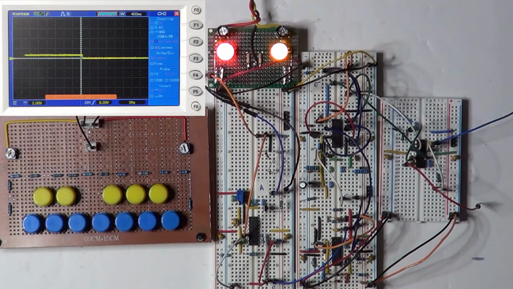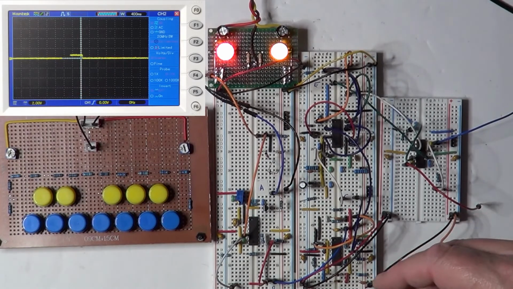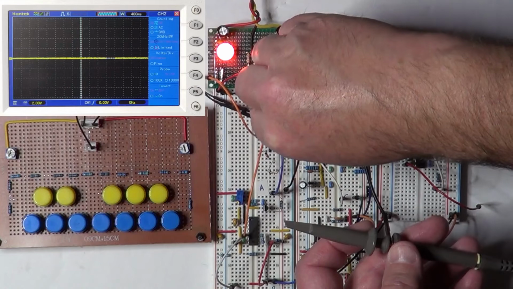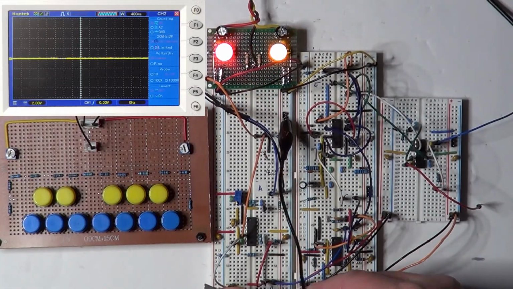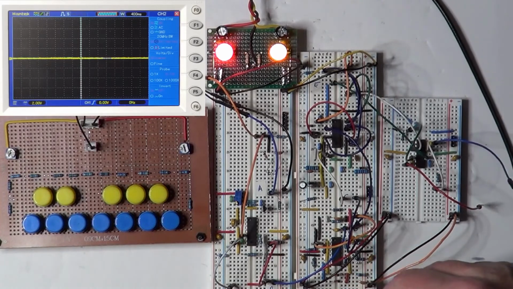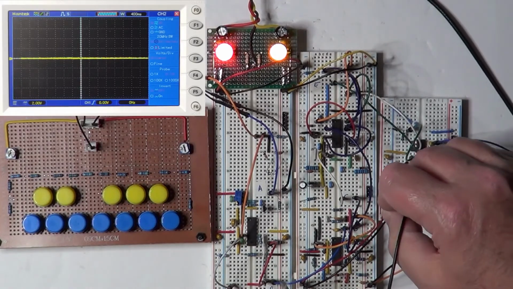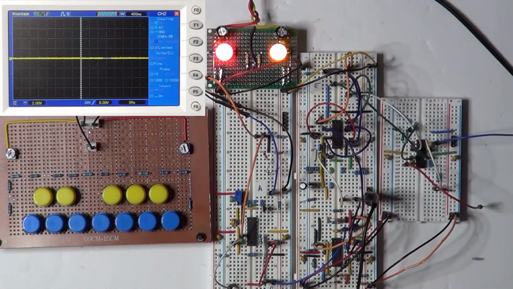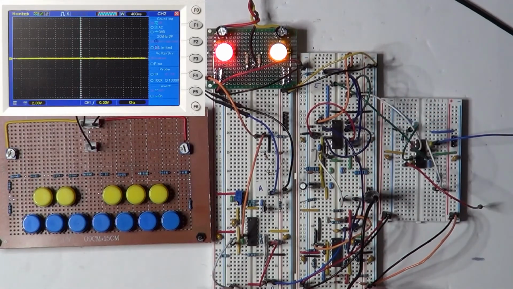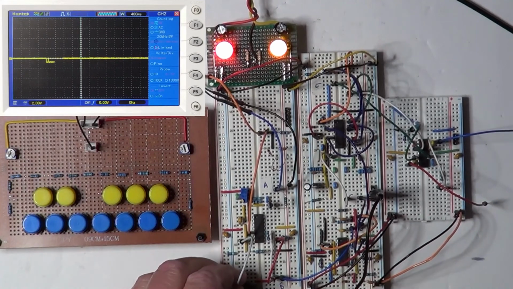So let me connect it to ground here, and this is the CV output. Oops, let's do it again. The ground, which I can take from here, and this is the CV out. There we go.